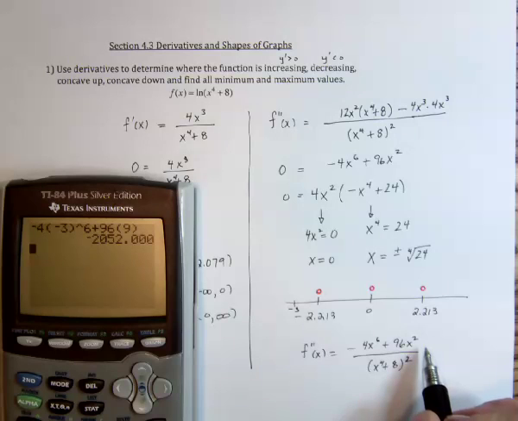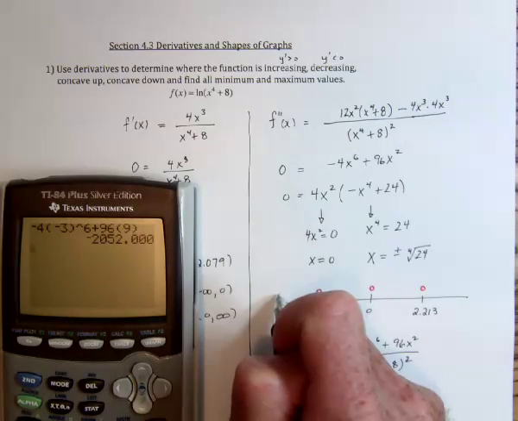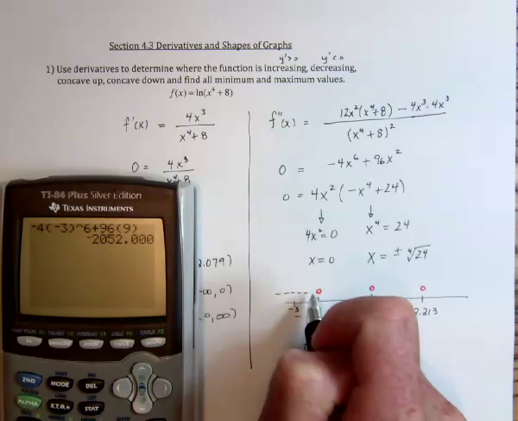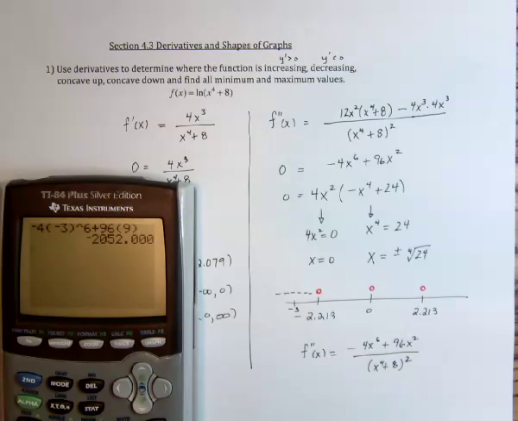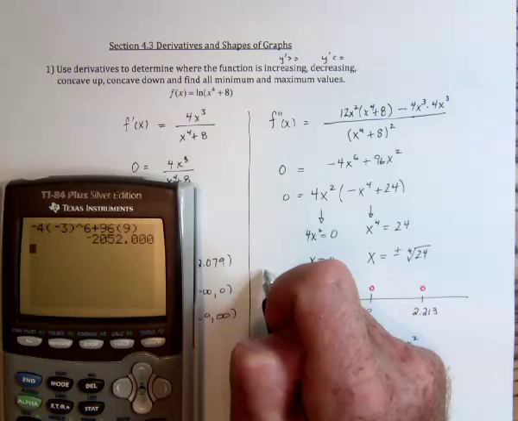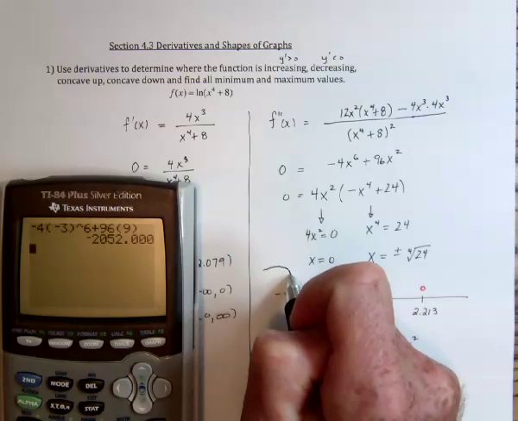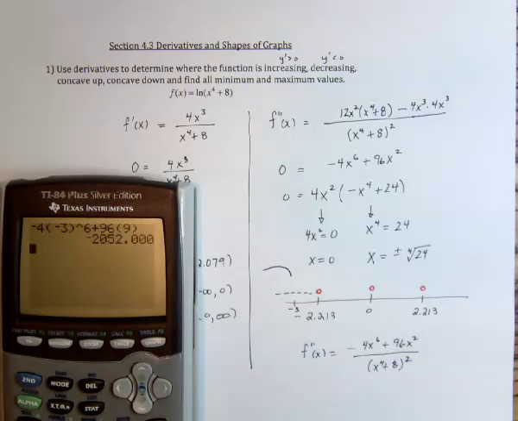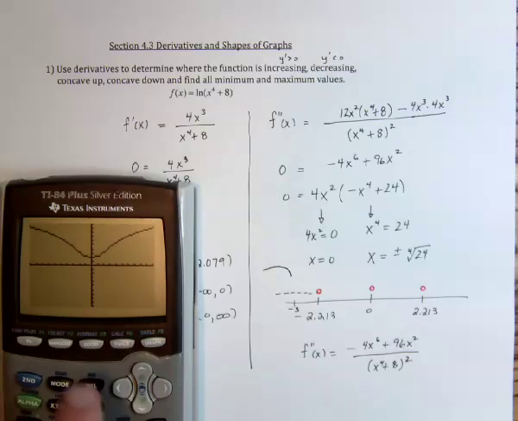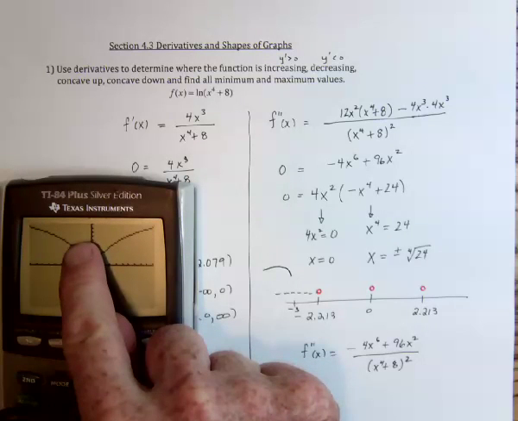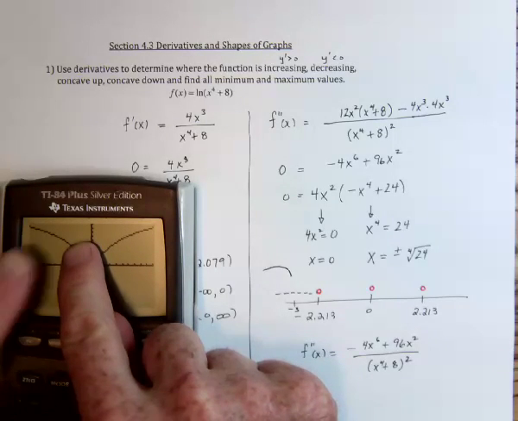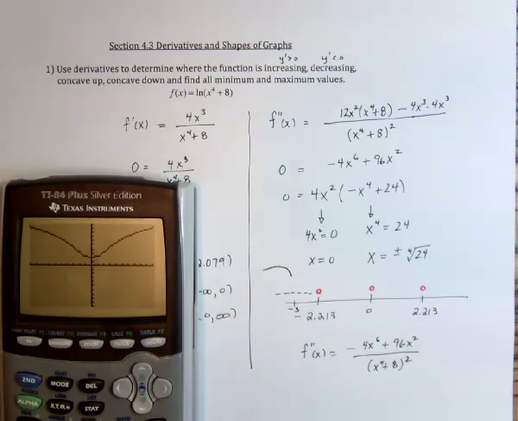So that would be a -2052 divided by a positive number, so that's negative. So it's negative all over here, which means that it's concave down, so it should be curved something like this for concave down. And that's on the far left-hand side. So this, yep, that looks concave down over here on the left.